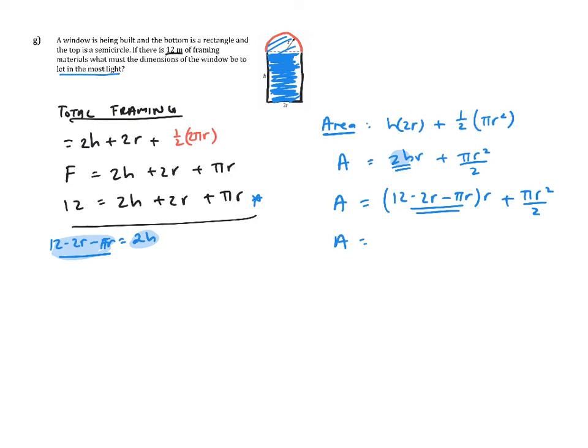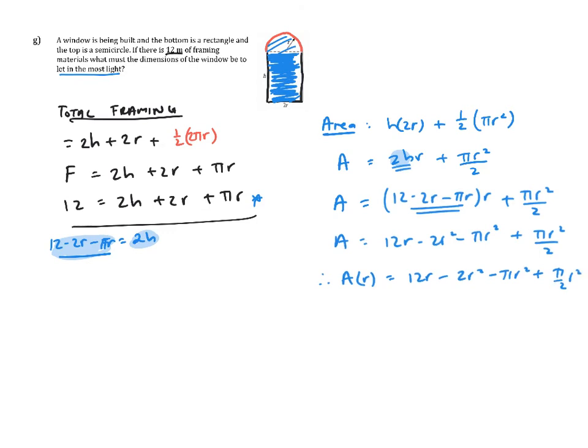So what we've got is 12r minus 2r squared minus pi r squared plus pi r squared over 2. And then we need to find the derivative in terms of r. So let's write this function: A(r) equals 12r minus 2r squared minus pi r squared plus pi over 2 r squared. You can simplify, there are actually like terms there.